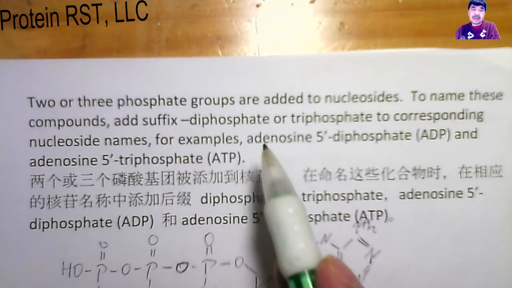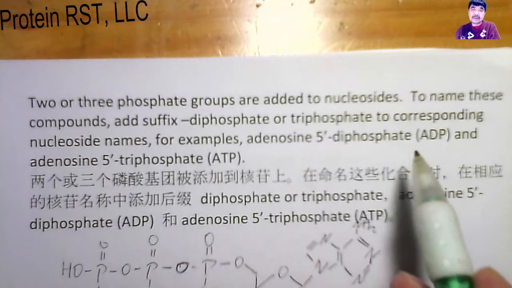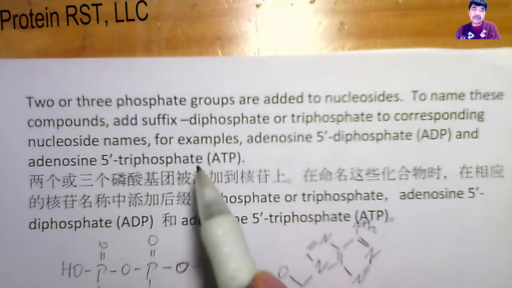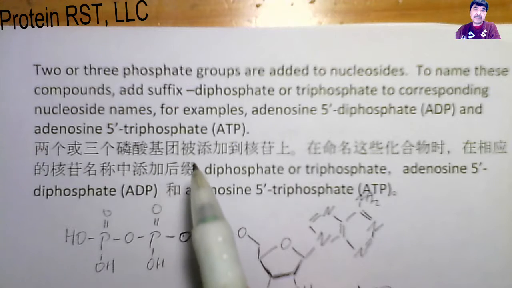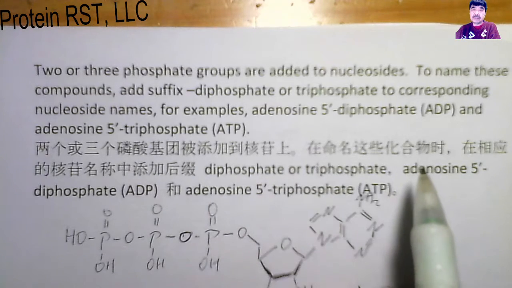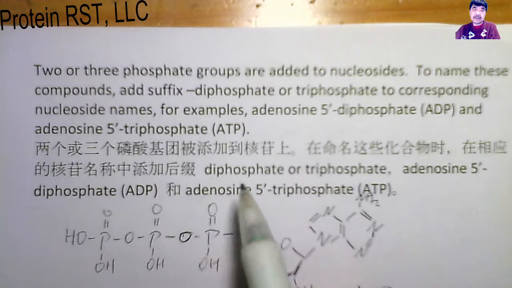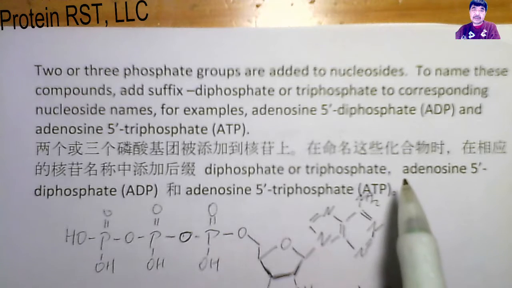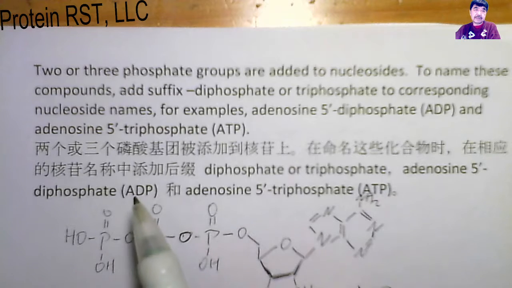For example, adenosine 5' diphosphate is ADP and adenosine 5' triphosphate is ATP. The example is adenosine 5' diphosphate.